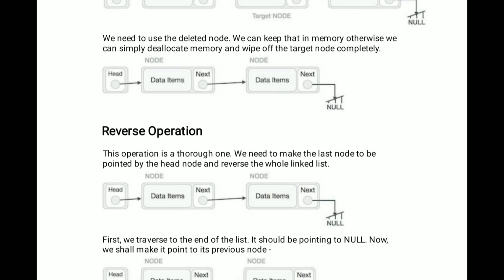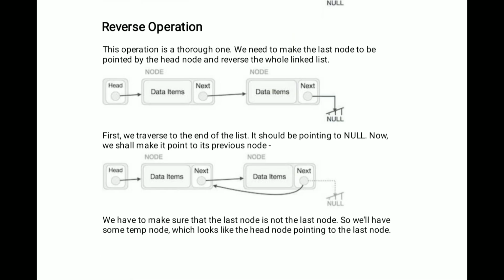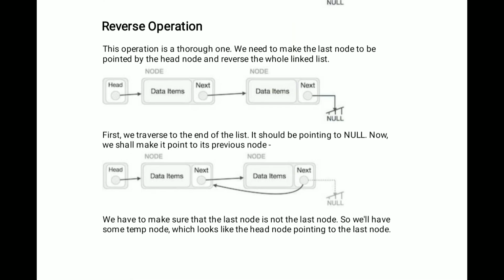In the linked list representation, the first node is the head node, the head node points to the first node, and the last node points to the null node. While performing the reverse operation, the last node will become the first node, and the head node will become the last node. Like this we are performing the reverse operation.